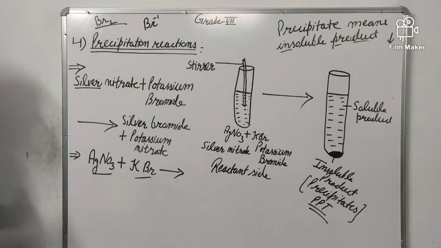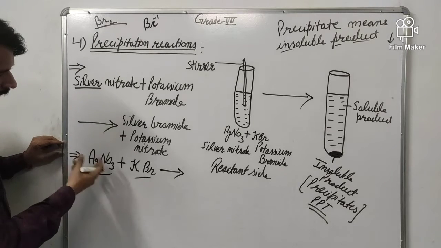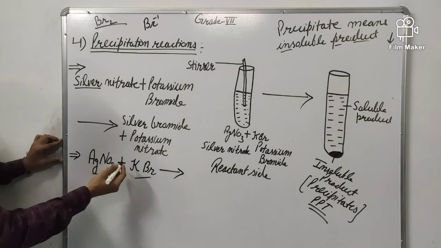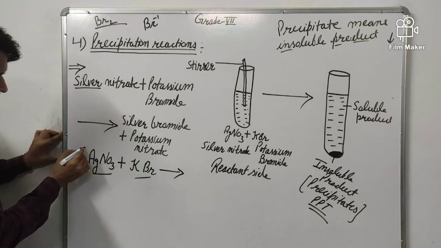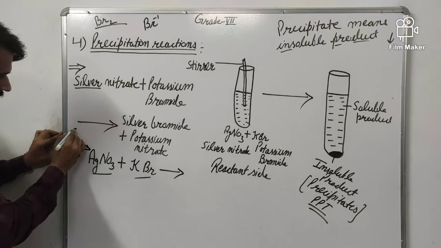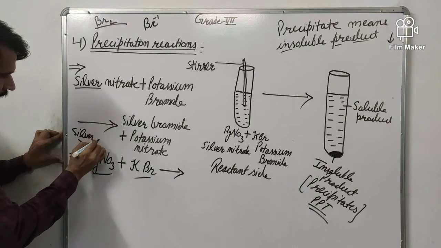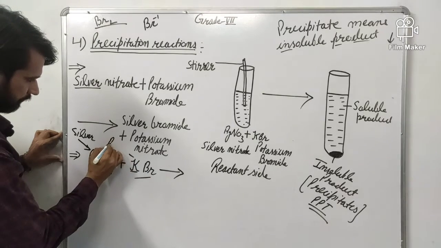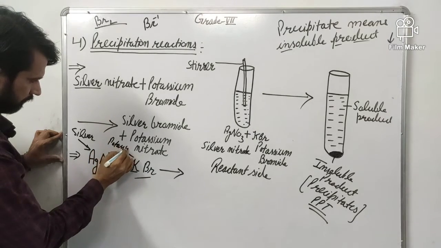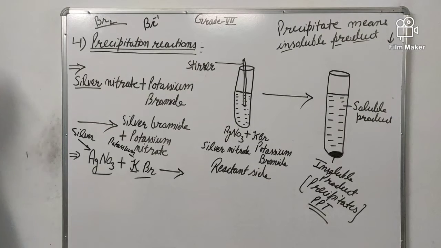Now, what are reactants? The initial substances which interact with each other in a chemical reaction are called reactants. If you look at this reaction, there are two metals. One is silver, the second is potassium. Now what will happen?